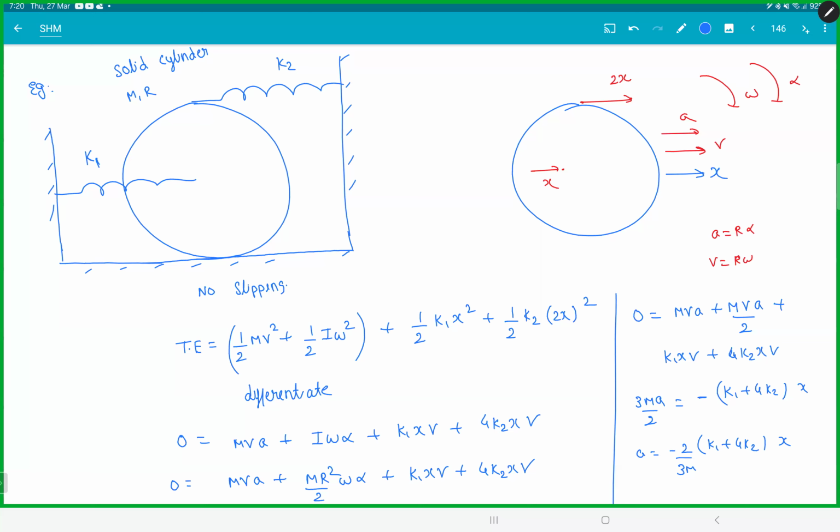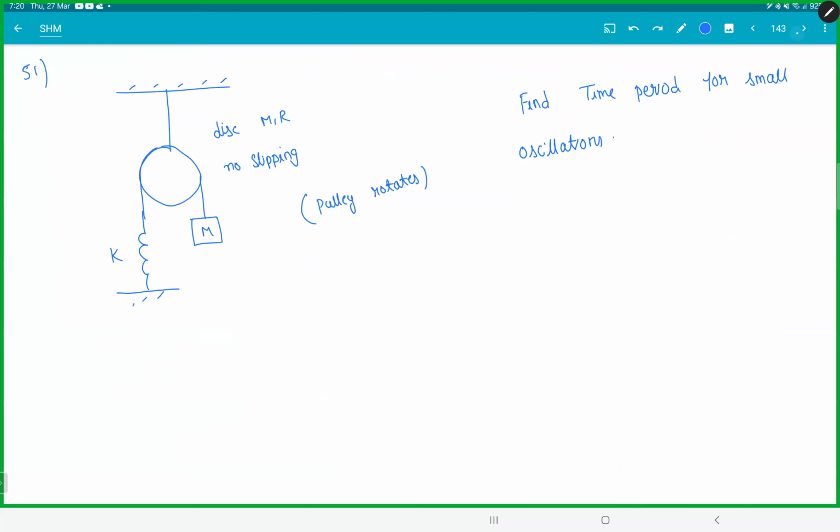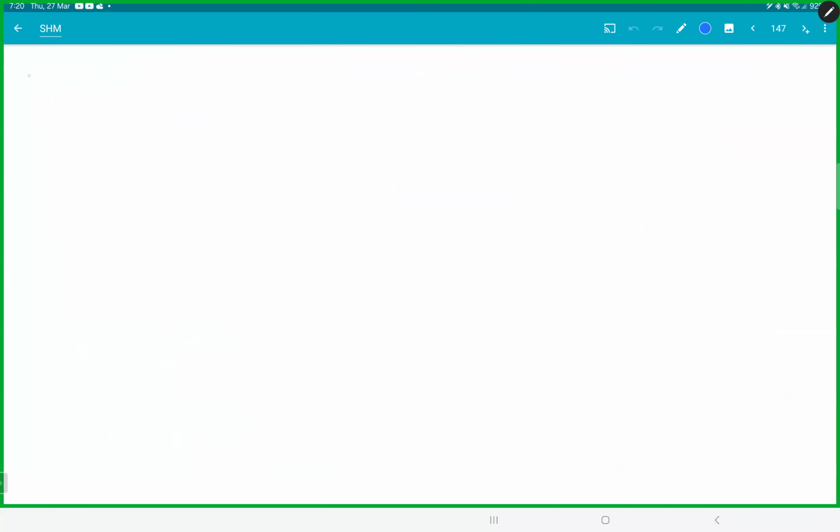But like I said, there are a few problems you can't do with the force method. Let me show you one. But are you clear with the method? Let's say we have a spring here with a block.